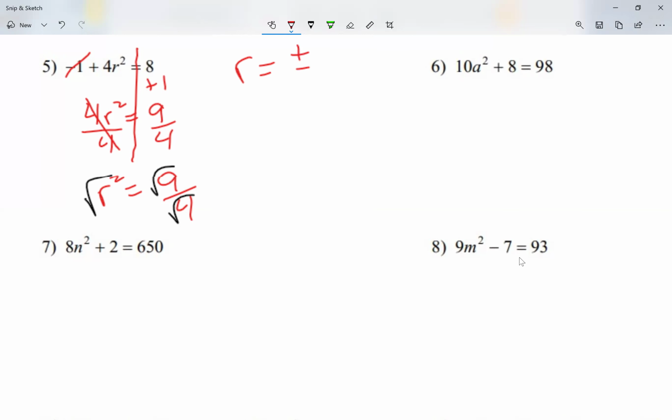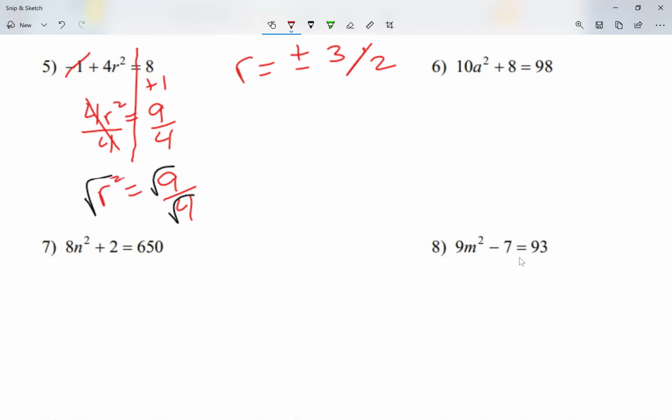Now, looking at the top of the fraction, square root of 9. Well, the square root of 9 is 3. A number multiplied by itself equals 9? 3, because 3 times 3 is 9. Over the square root of 4. Well, that would be 2. Because 2 multiplied by itself gives me 4. So my answers are positive and negative 3 over 2.